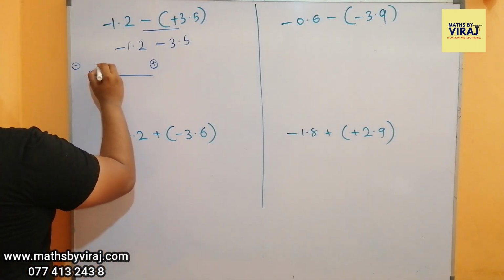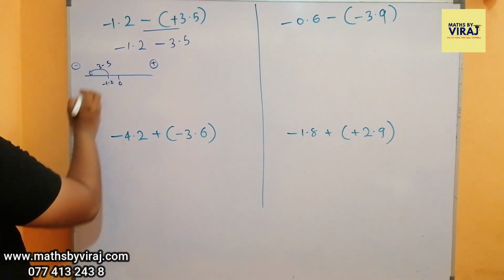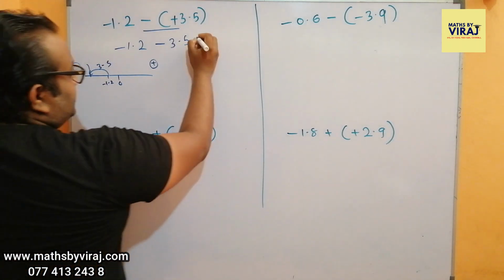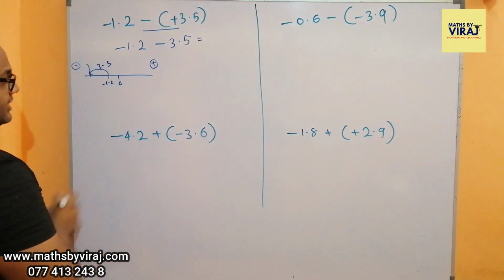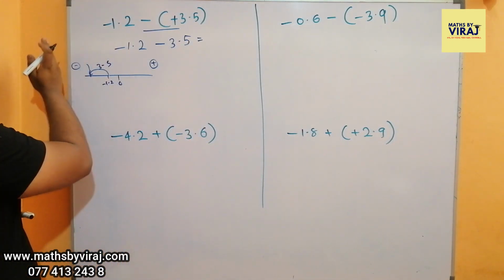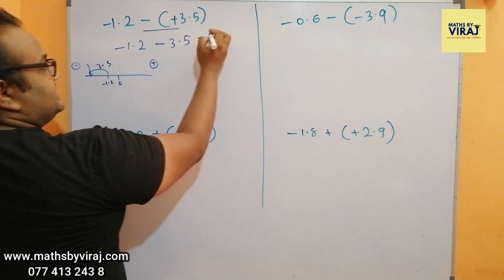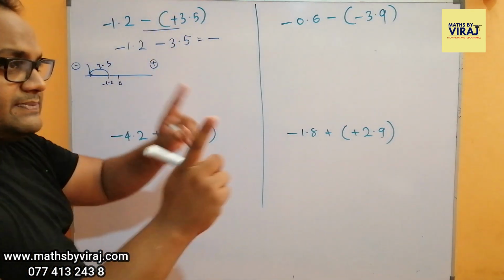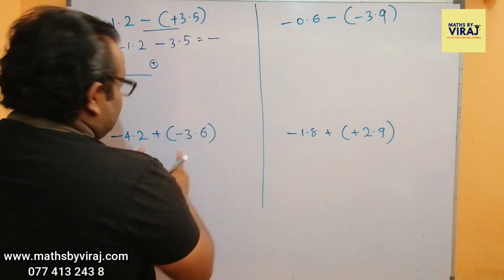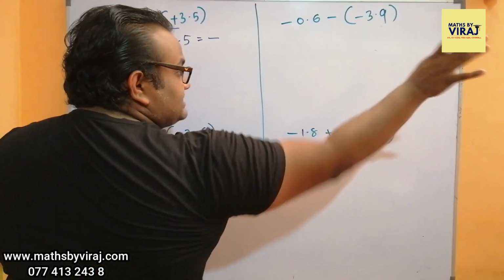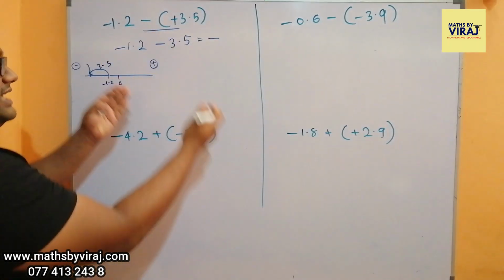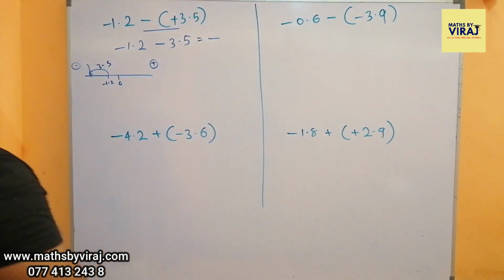So, you move 3.5 times towards the negative side and end up at the answer. So, children, we know for a fact, if you further move towards the minus, the answer is minus. Remember, minus and plus together is minus. Minus and minus together is plus. But minus followed by another minus, the answer is minus.